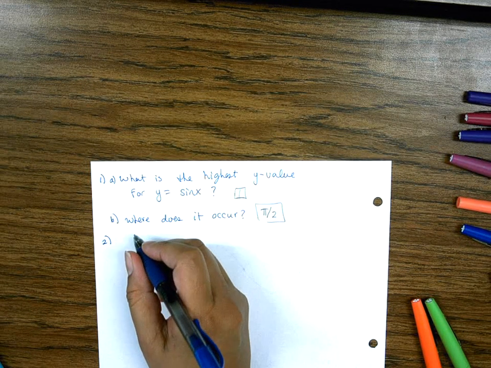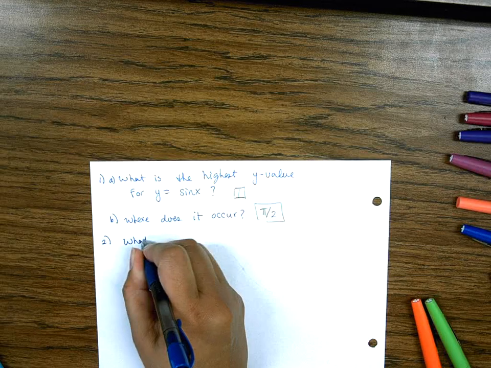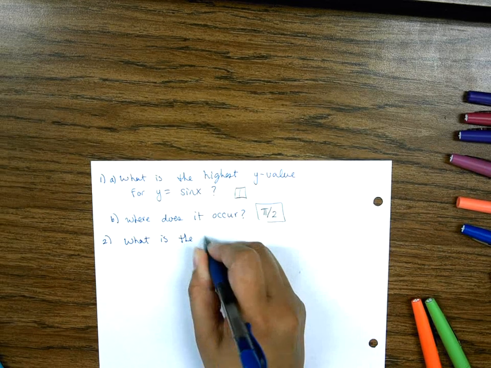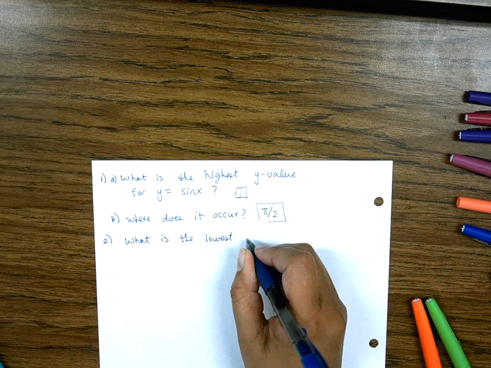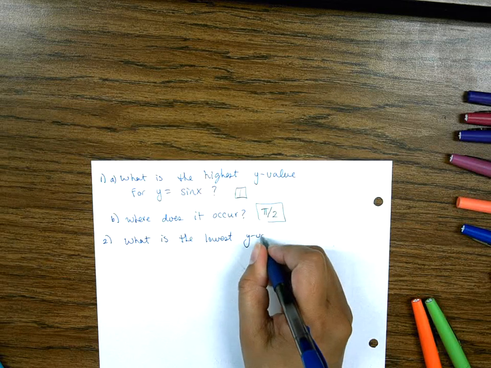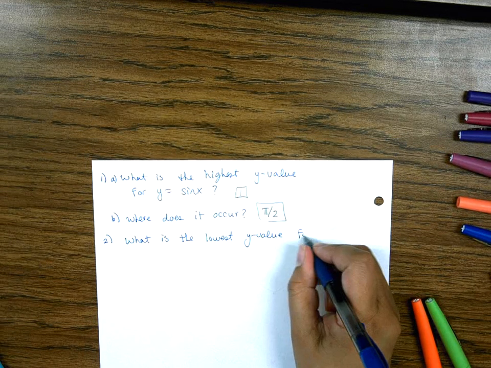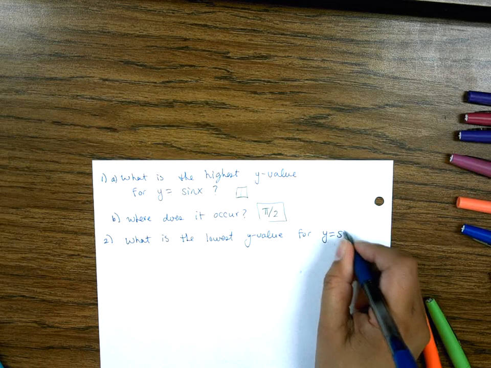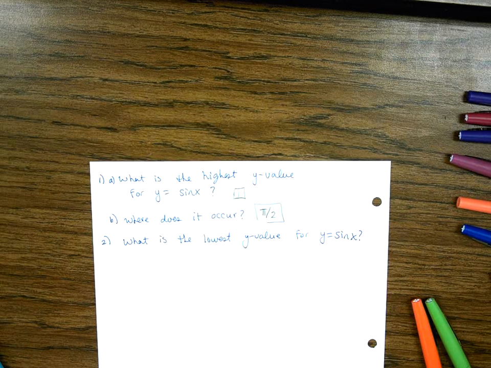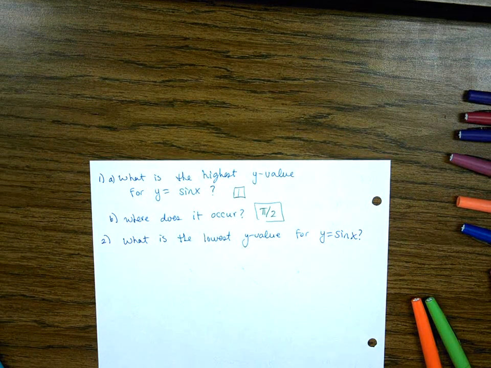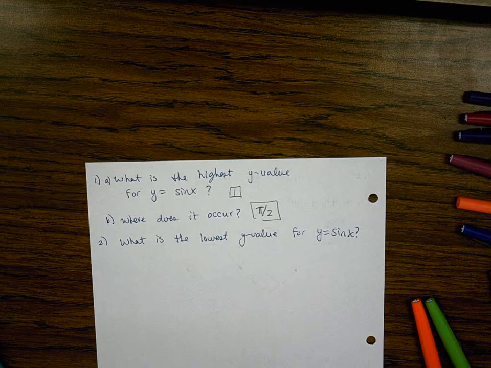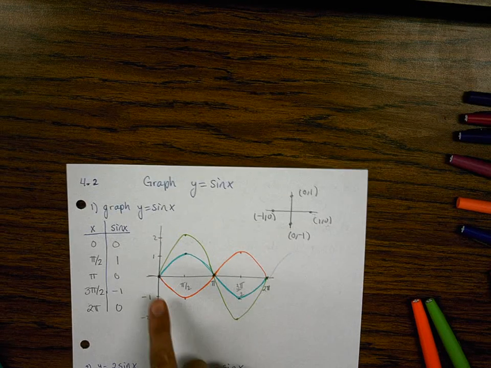All right, number 2. What is the lowest y value for y equals sine of x? All right, so most of you can probably answer that without looking at the graph.